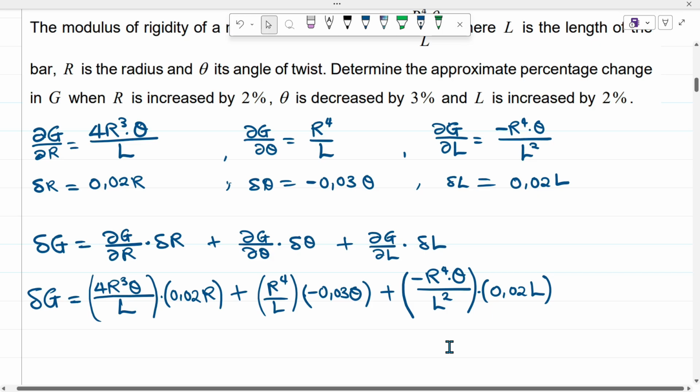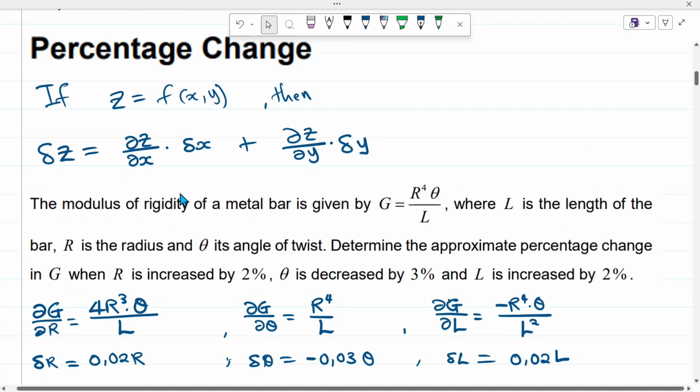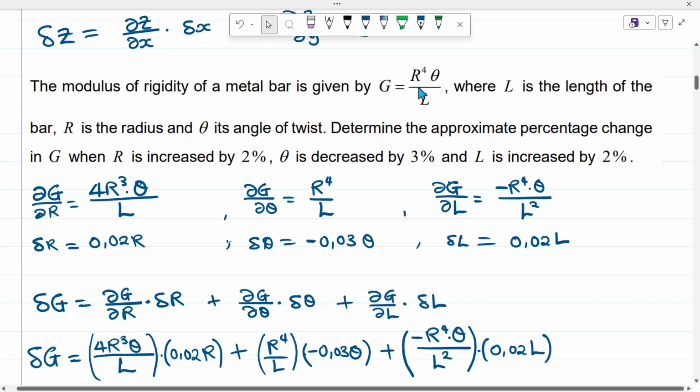So from here, I think I've already told you that if we were given a function z with respect to x and y, then at the end of the day we're supposed to make z the subject of the formula after substituting everything. So that's how we're going to do it. So remember, G equals this guy, right?